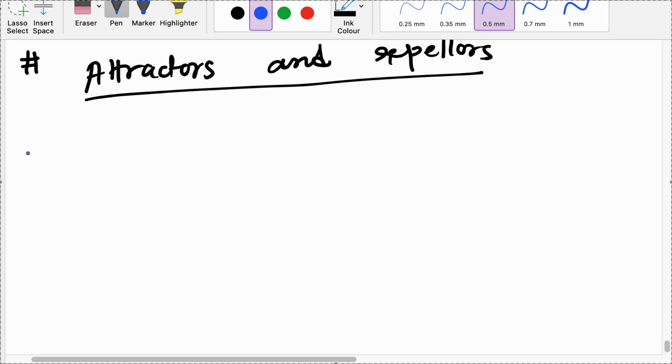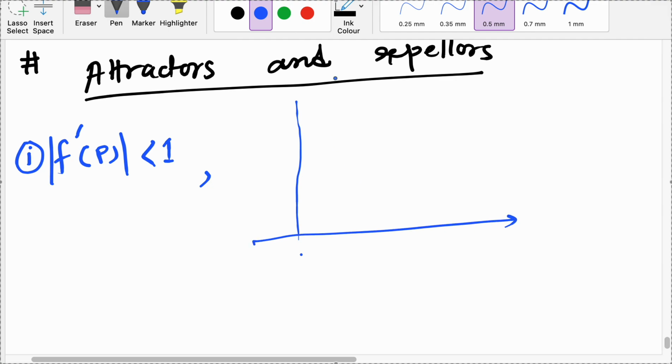So first case, if f prime p is less than 1. Suppose this is the x axis, this is the y axis, and this is the identity line, y equal to x, and suppose this is my non-linear map. Now you see, at this point where these two cut each other, this is called the fixed point.